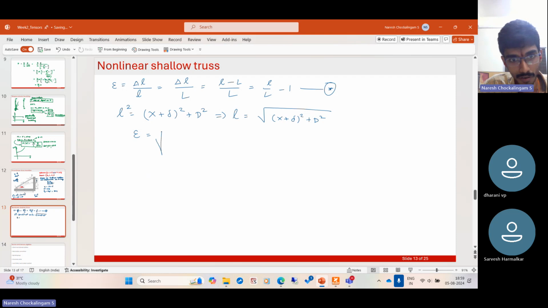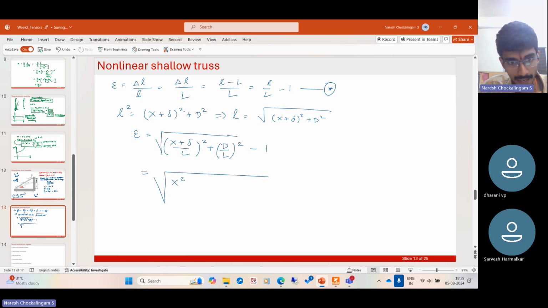So it is square root of x plus delta by L the whole square plus d by L the whole square minus 1. Now simplify this further. We can write this as x square by L square plus 2 delta x by L square plus delta square by L square plus d square by L square, then whole thing minus 1.